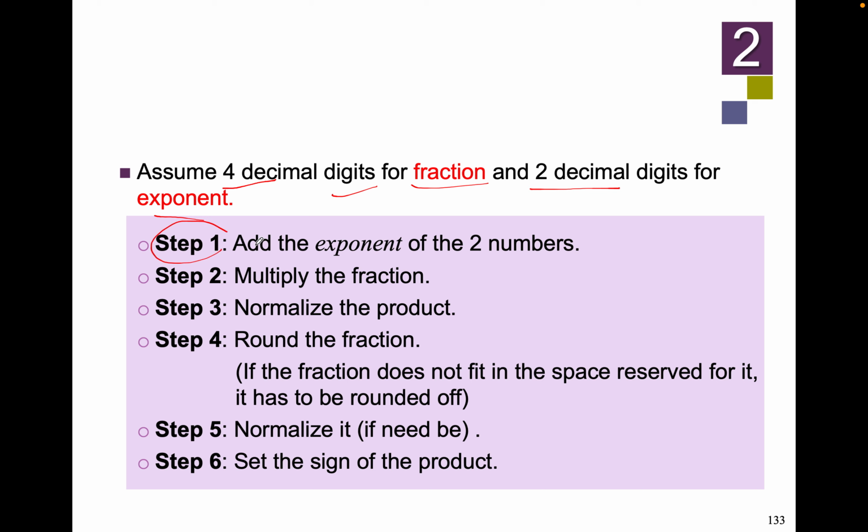Now first step, add the exponents of the two numbers. Because this is multiplication, normal mathematics, let's say I have the numbers 4 times 10 to the power of 2 multiplied with 2 times 10 to the power of 3.